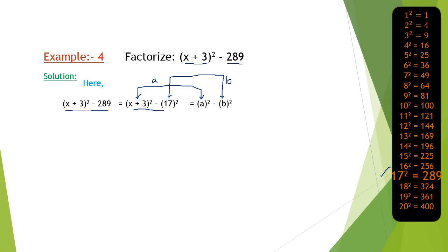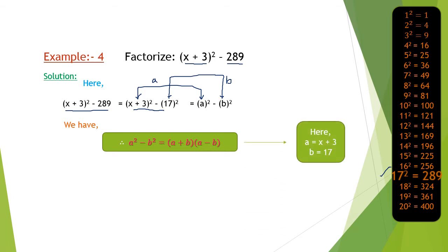Now a square minus b square, we can easily distinguish the value of a, which is x plus 3, and the value of b. Value of b is 17 and value of a is x plus 3. Now we have to apply the formula: a square minus b square is equal to (a plus b)(a minus b).